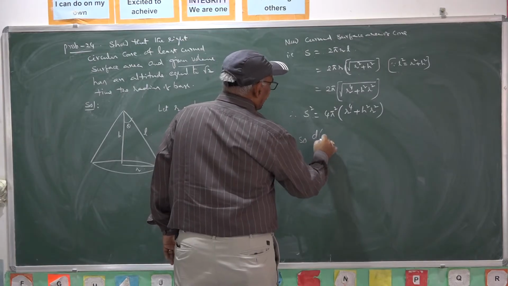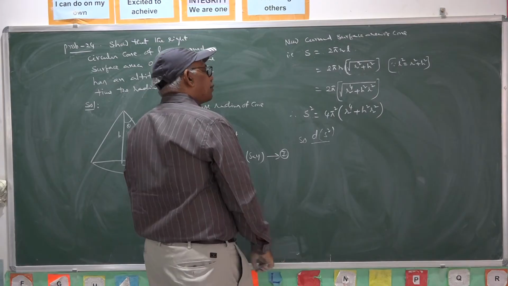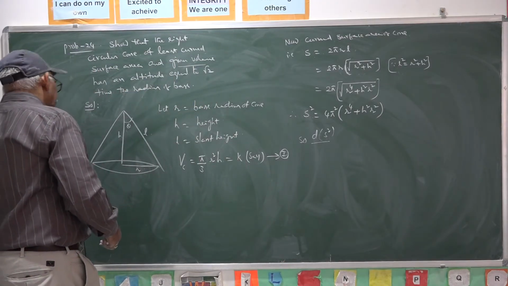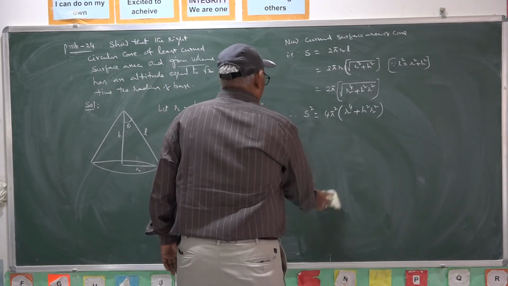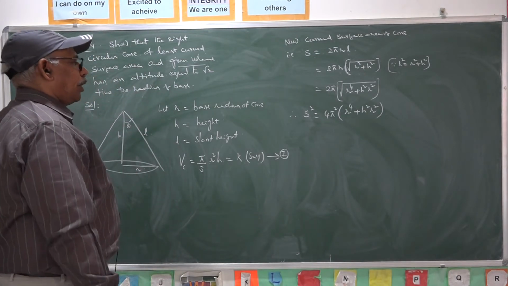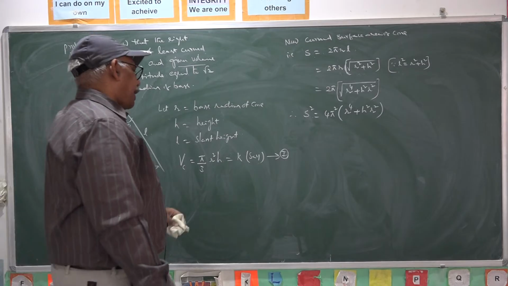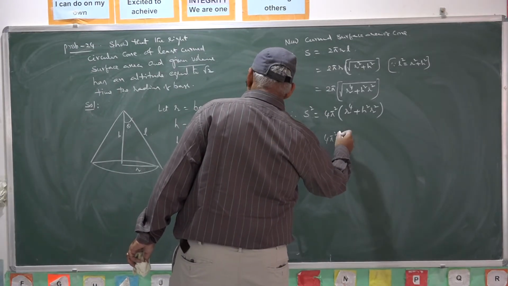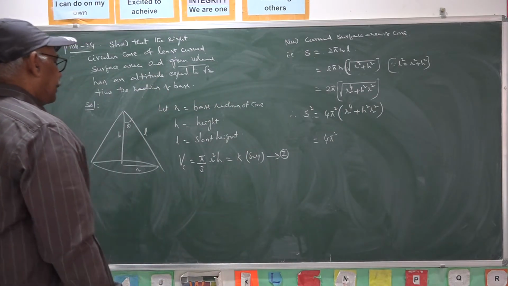This is in terms of h and r. You have to change this completely in terms of either r square or h square. I can write it completely in terms of h here. 4 pi r square, this is pi r square.